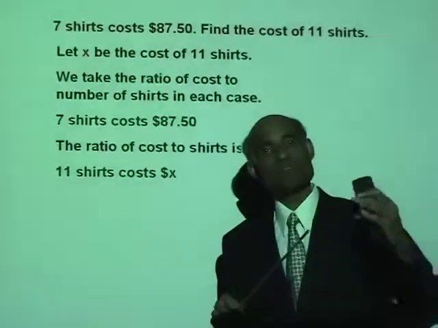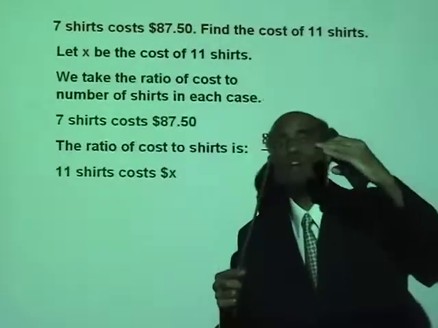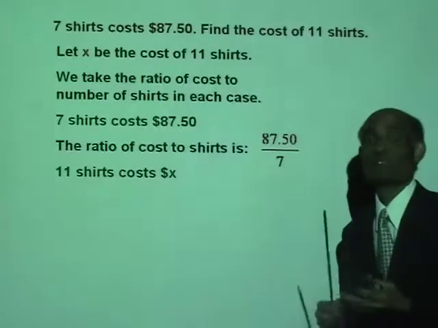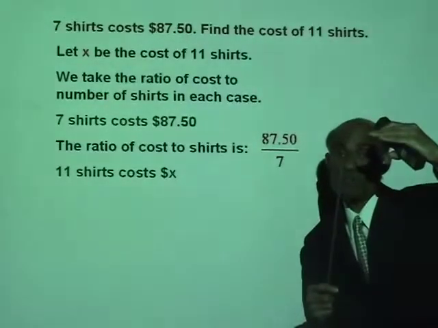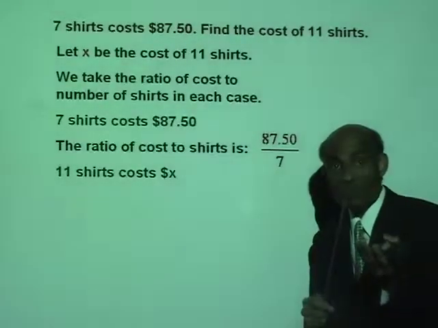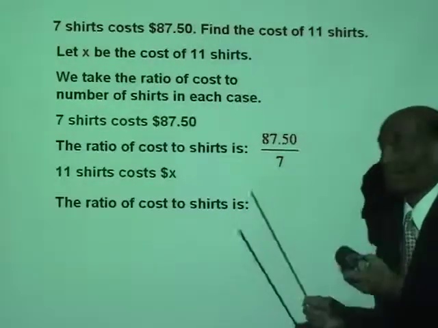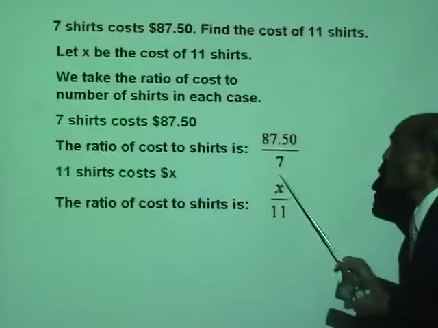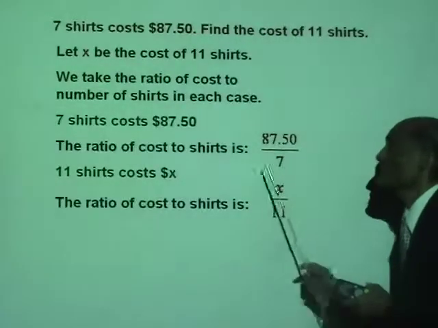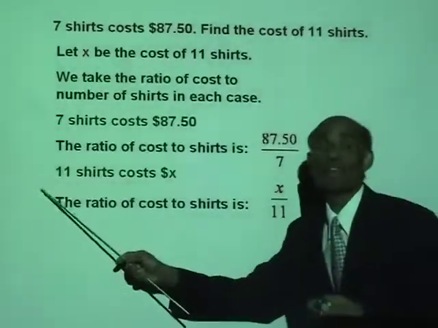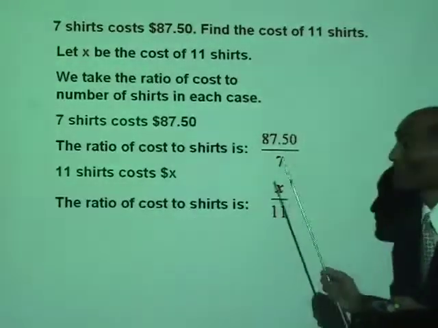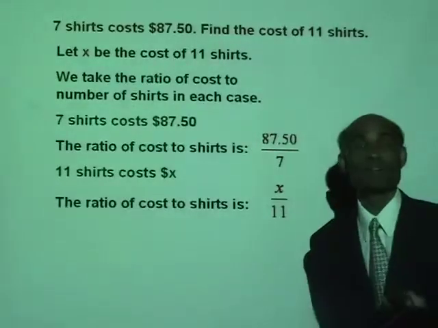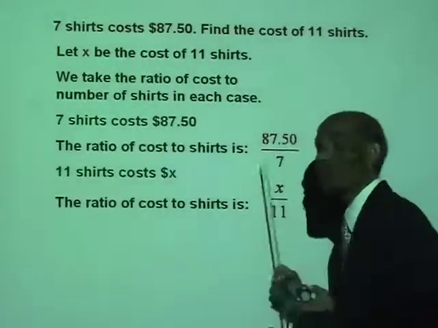Can you write a similar ratio for dollars to shirts? What would that ratio look like? The dollars must be on the numerator and the number of shirts on the denominator. That ratio is X divided by 11. The ratio of dollars to shirts. X dollars for 11 shirts. And now these two ratios must be equal to one another, because what does this ratio represent?